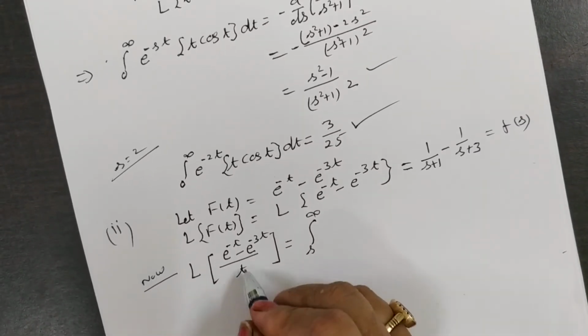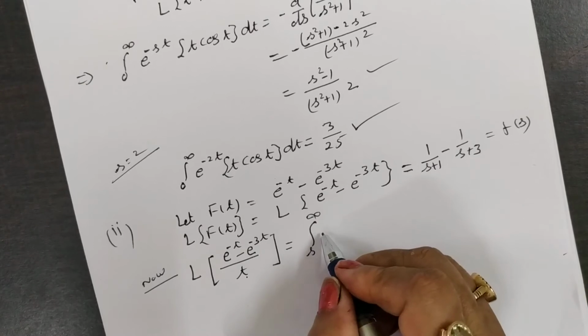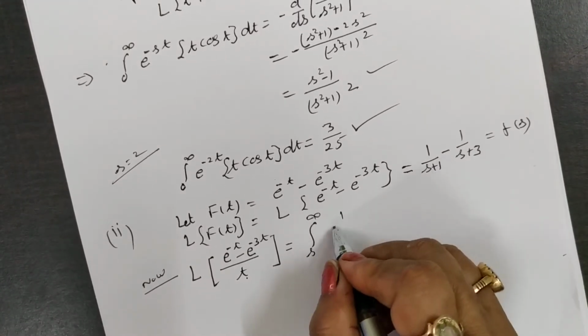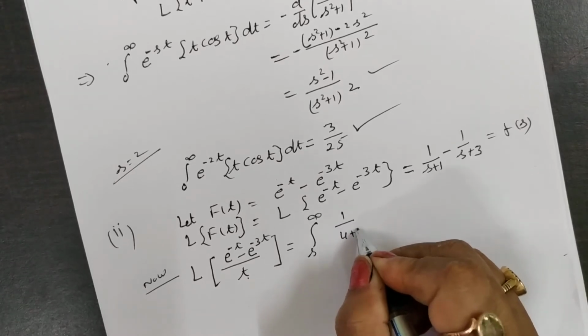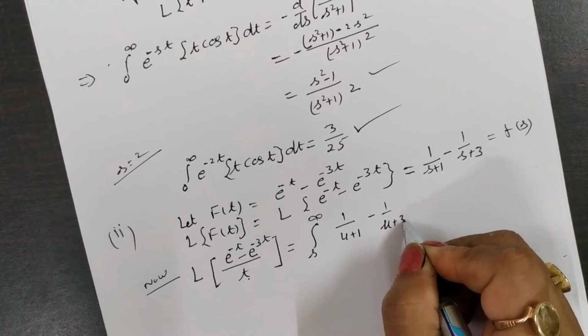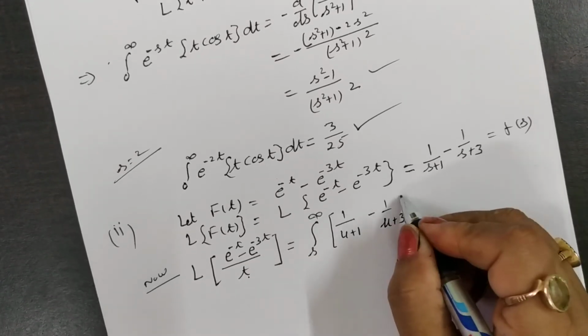If you change this to integral form, it is the integral from s to infinity of 1 by u plus 1 minus 1 by u plus 3, du.